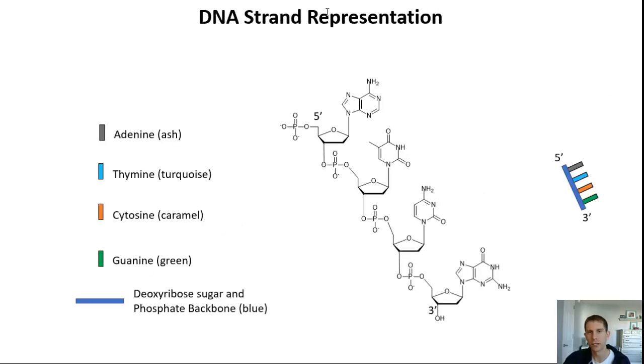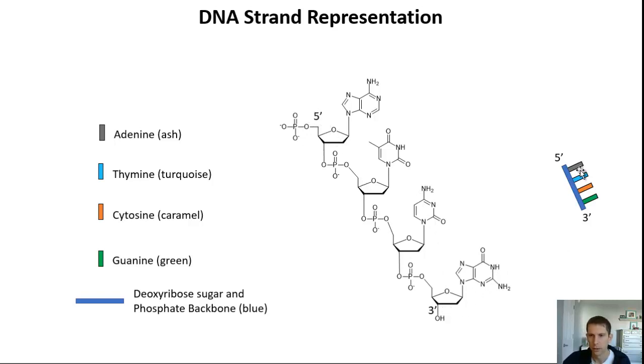For DNA strand representation, we're not going to draw out all these molecules every time, because when we look at the PCR reaction, it'd be a little bit overwhelming to see that many molecules. So we're going to represent these with essentially a color-coded block strand. In this case, we have our adenine, thymine, cytosine, and guanine in a sequence going from the 5' to 3' direction.